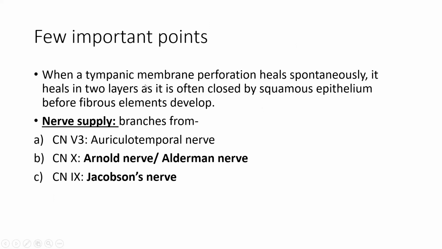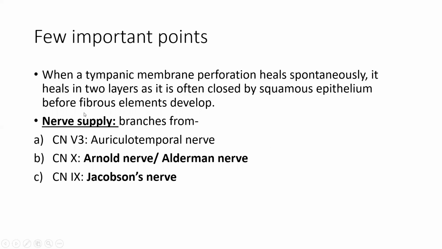There are three layers, but after perforation, during spontaneous healing, the middle fibrous layer is not developed so quickly, but the mucosal layer and the outer epithelial layer develop quickly. Because of this, the fibrous layer does not develop, only two layers get developed, and after healing there are only two layers present in the tympanic membrane.